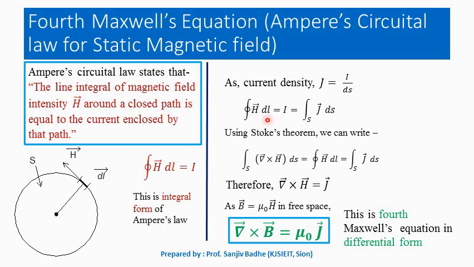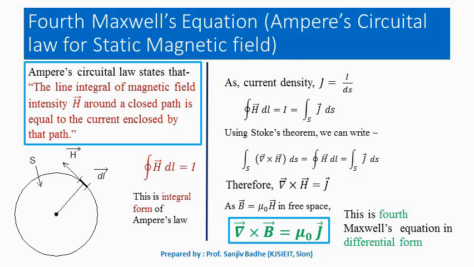Here we can use Stokes theorem to convert this line integral into a surface integral. According to Stokes theorem, a line integral of a vector function is equal to surface integral of curl of that vector function. So line integral of H bar dl can be written as surface integral of curl of H bar ds. So now on left side we have a surface integral, on right side also we have a surface integral.